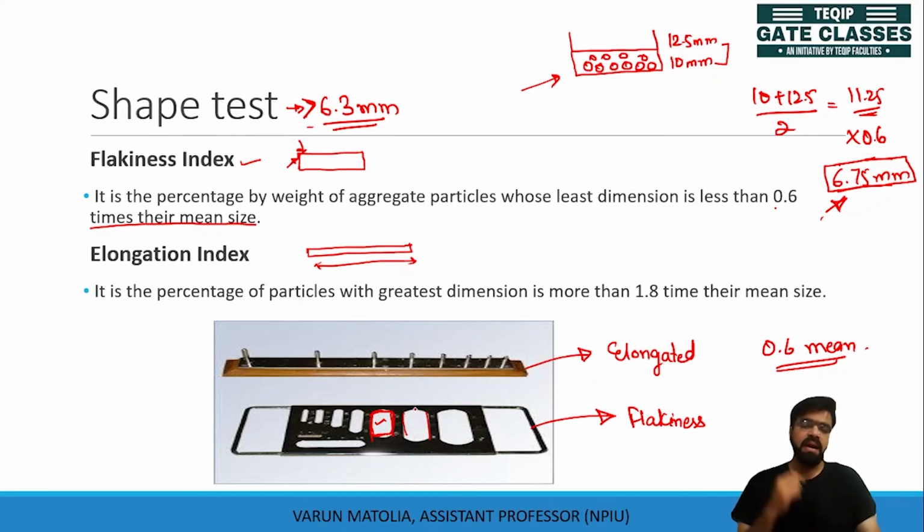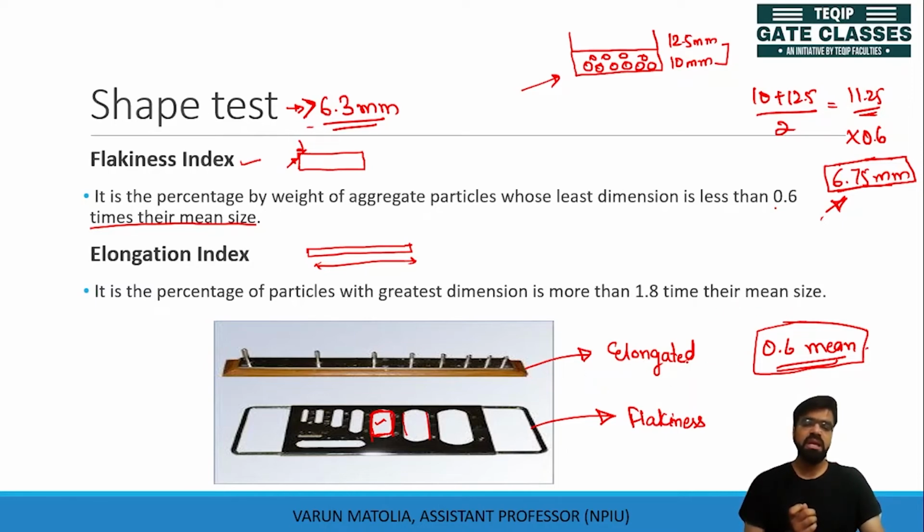And if any particle from any dimension passes through this slot, we say this aggregate is a flaky aggregate, and that aggregate is discarded. So we want least or no particle to pass through this 0.6 mean dimension size.